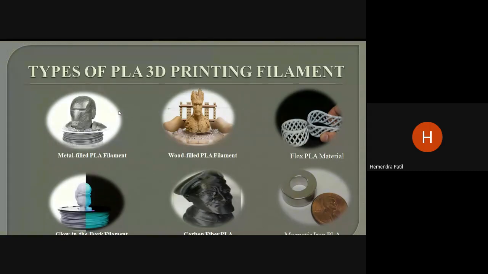Depending on the composition of the material, it exhibits certain superior properties over regular PLA, like the metal PLA has better strength and better magnetic properties, and has a metallic texture on the printed parts. But such filaments can often cause nozzle clogging, so care should be taken that the nozzle is regularly cleaned if we are using the metal filled PLA. The commonly used metals are iron, copper, brass, or aluminum with the metal filled filament.